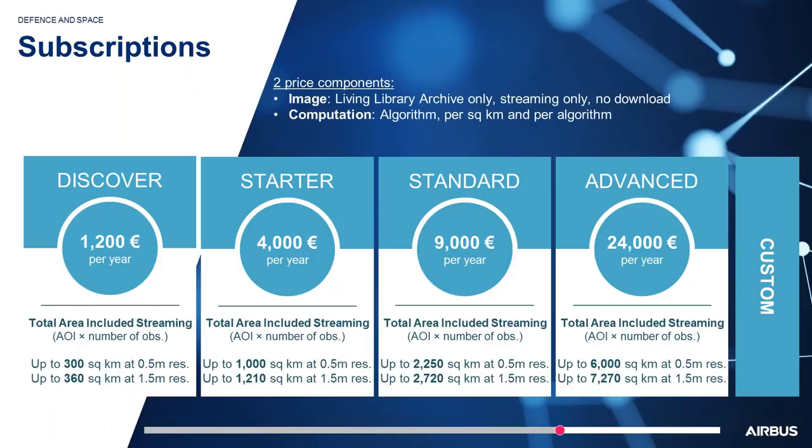And the image is available in streaming only, no download. And based on this image, we run the algorithm. So again, for each package, we propose the image and the computation. So you can run an analysis on 300 square kilometers in Pléiades, for example, with the Discover pack.